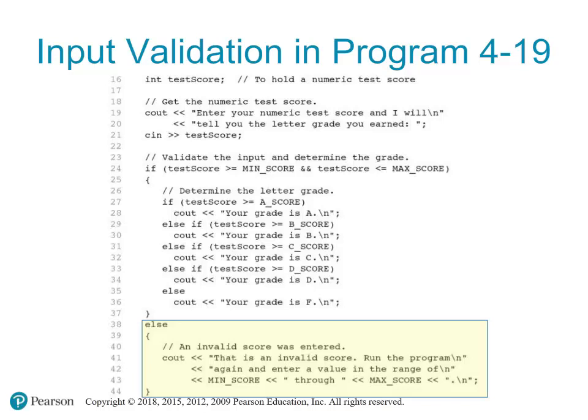This is in the else block: cout this is an invalid score. Run the program again and enter a valid score in the range of the minimum score through the maximum score.